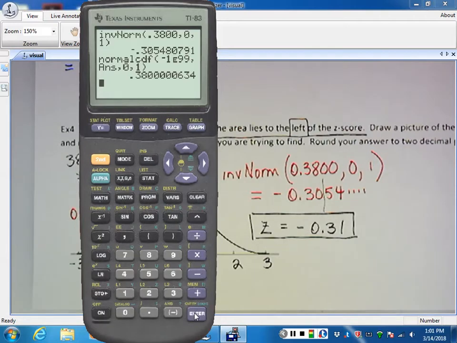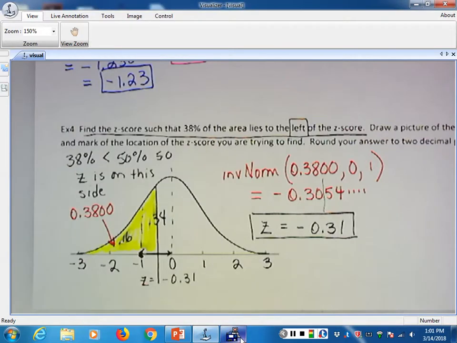So that's not a big deal. That's a very, very small rounding error on the part of the calculator. Okay? You really shouldn't worry too much about checking your answers, because as long as you've drawn your picture, it should verify that your answer is what you thought it should be. Okay?